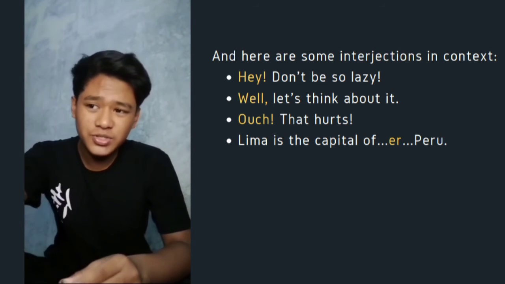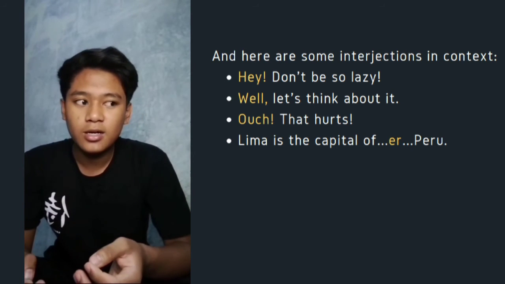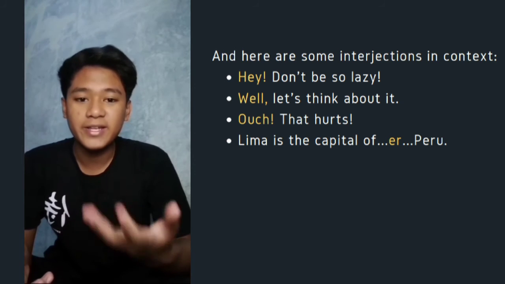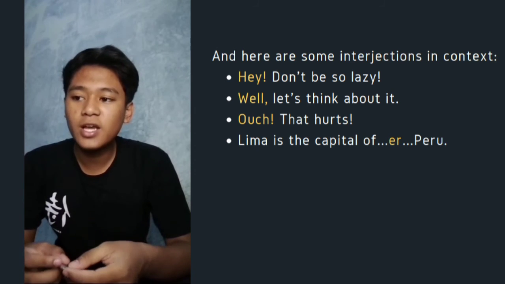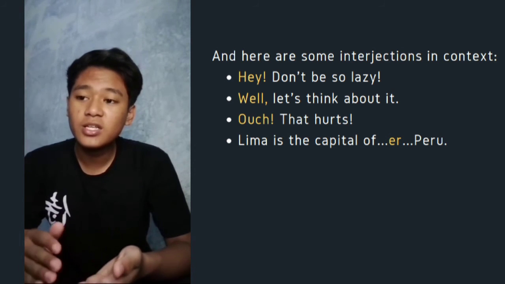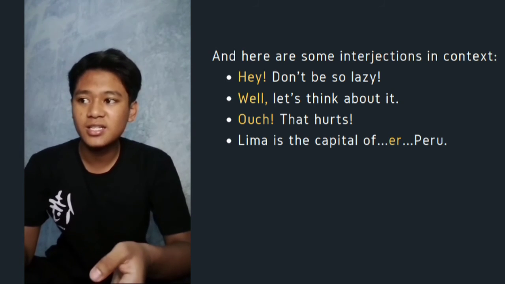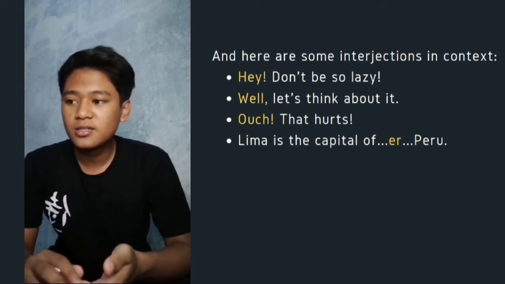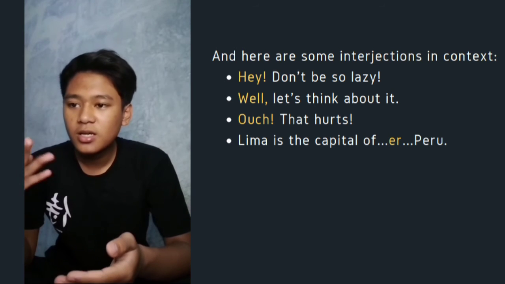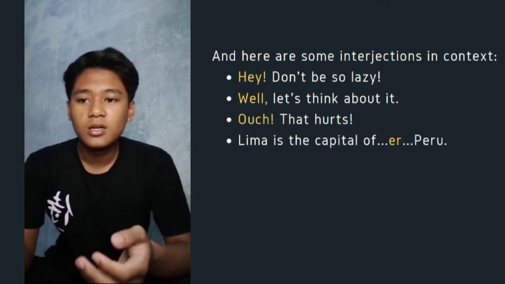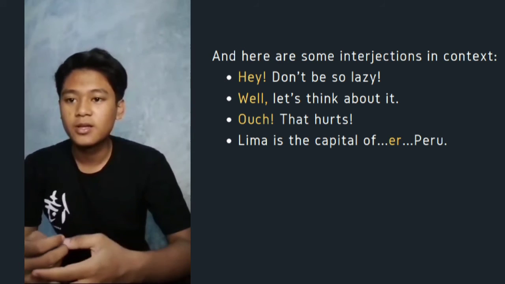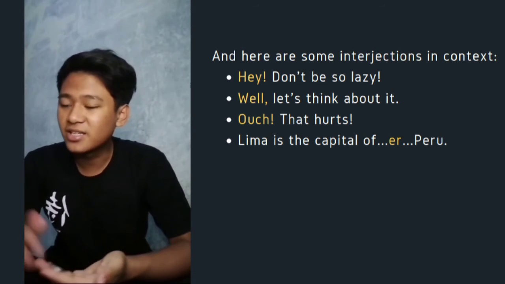So ouch here is the emotion of pain. When we get hurt, we usually say ouch, that hurts. So ouch here is an interjection. And the last example, Lima is the capital of Peru. Yeah, just like that, that is an interjection.